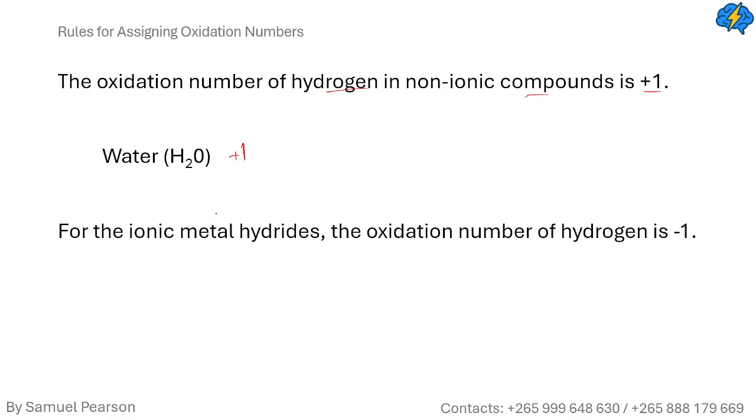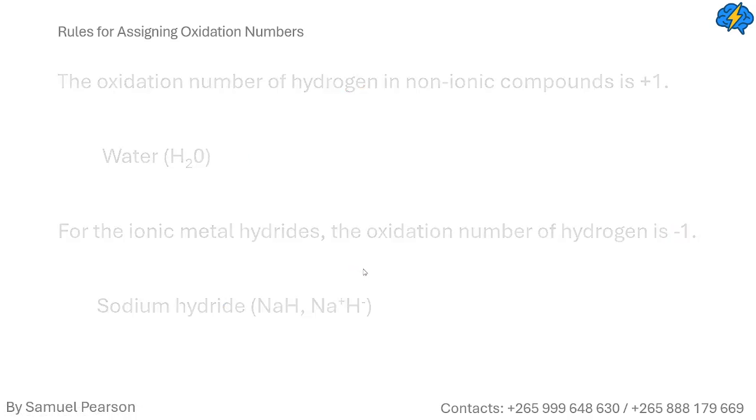But in ionic metal hydrides, the oxidation number of hydrogen is -1. For instance, in sodium hydride, the oxidation number of hydrogen is -1. So that's another rule for assigning oxidation numbers.